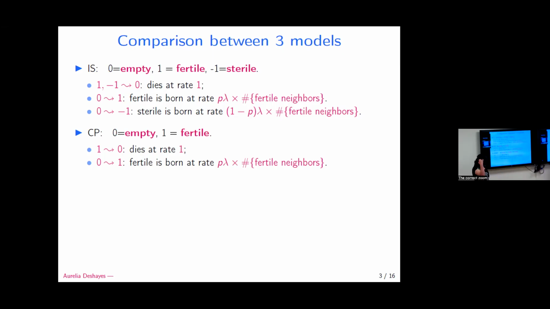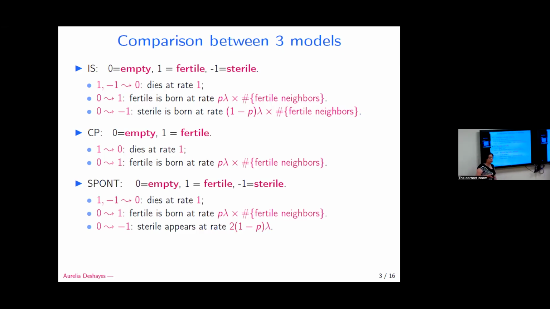And the last one is called spont, for spontaneous. So in the last one, you imagine that the -1 appears spontaneously, not as a child of a 1. So the first two dynamics are the same as before, but to go from 0 to -1, it appears at rate 2d(1-p)λ, and it's not depending on the profile.